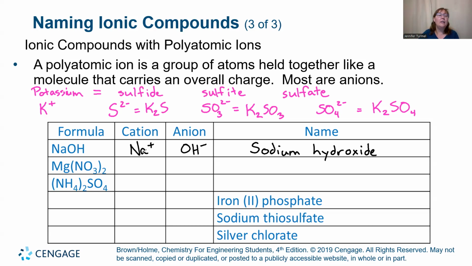All right, so now looking at your ion list again, you can see this NO3. It's listed with a 1- charge, okay? And there are 2 of them, which is a way to help you see that the magnesium has to be Mg2+. And this is magnesium nitrate.